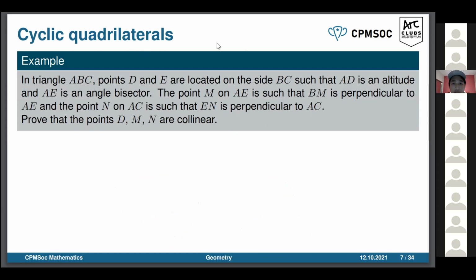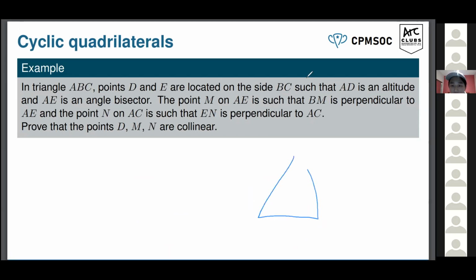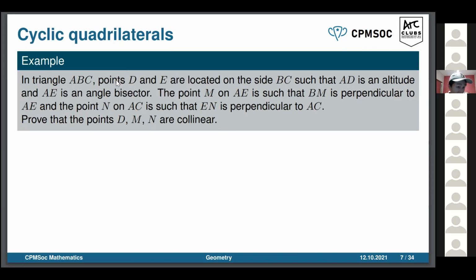So in triangle ABC, I'm going to stop drawing diagrams because they're so bad. We have diagrams later. In triangle ABC, points D and E are located on the side BC such that AD is an altitude and AE is an angle bisector.